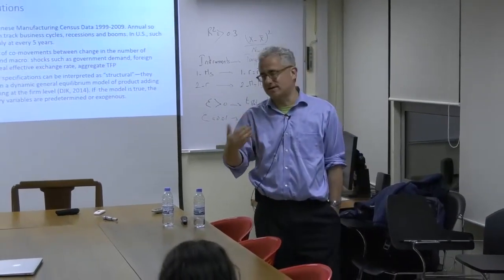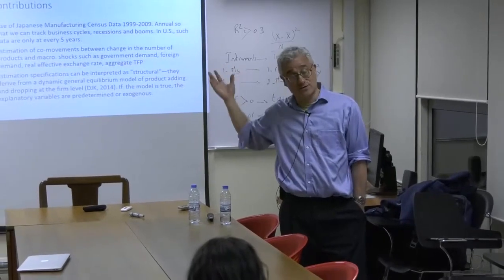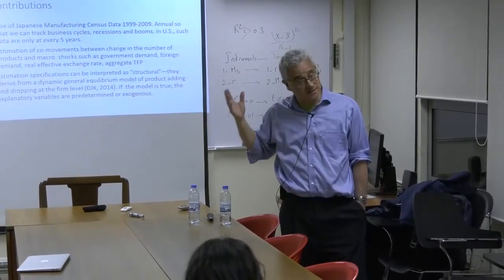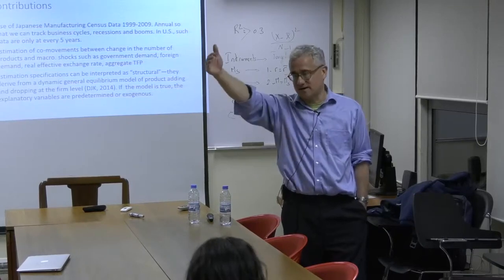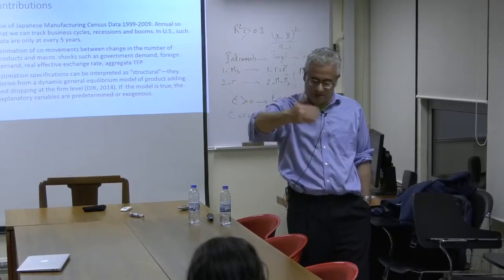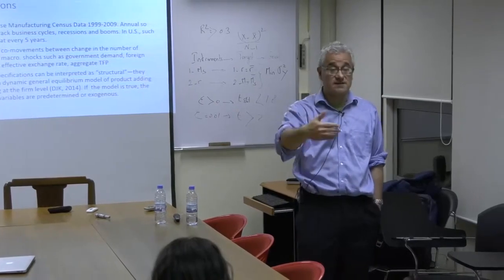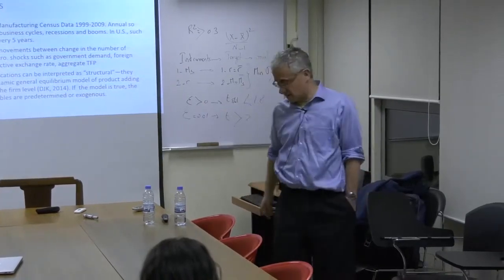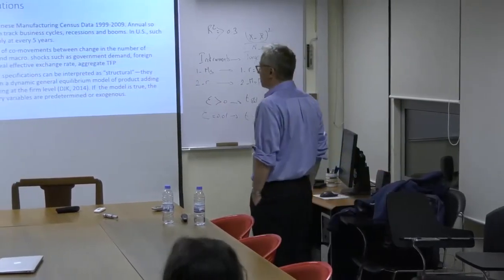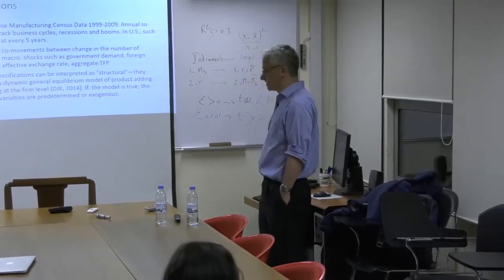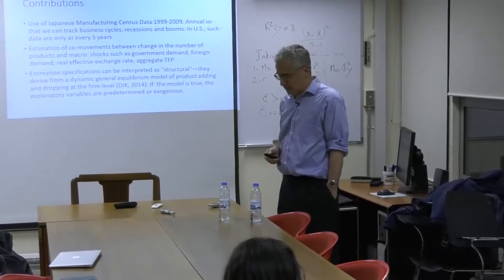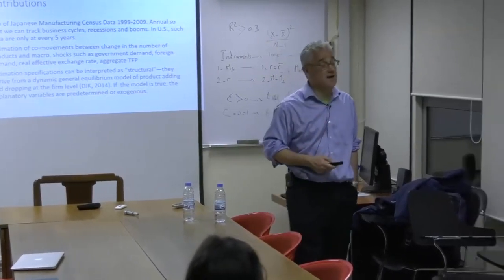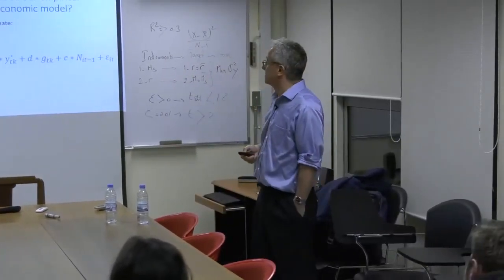And why do you need annual data? Because we're interested in the business cycle, things that occur over 1 or 2 years. If you only have data available every 5 years, you're going to miss these business cycle fluctuations. So you need annual data on how many products each firm has every year.